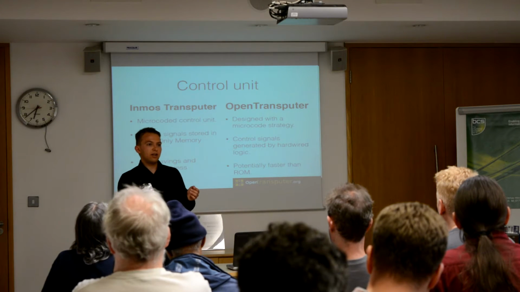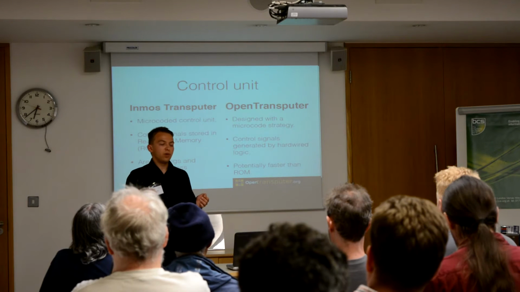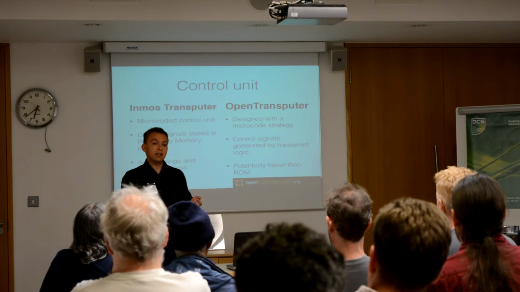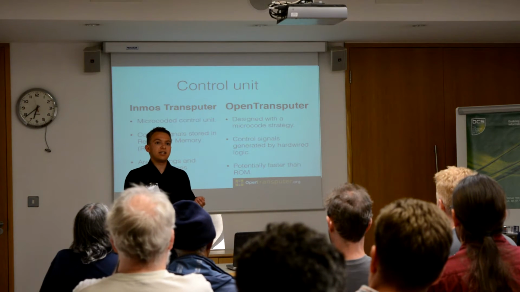In the original Transputer, these micro-instructions were stored and loaded from a microcode ROM, a read-only memory. This resulted in area savings and also meant that it could be modified in later stages of the development.